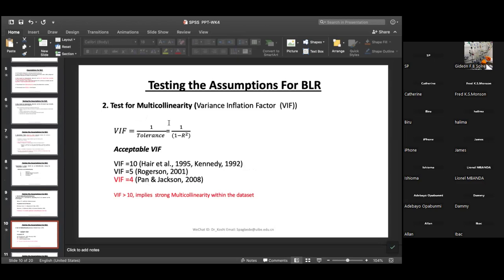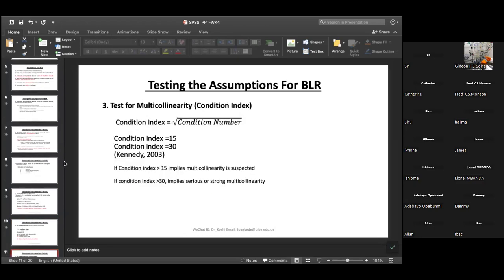And we said any VIF that is greater than 10 is a strong indication of the existence of multicollinearity within the data set. Then we looked at condition index, and we said condition index is simply the square root of condition number. All these things are computed by the SPSS software, and we demonstrated this last week, so I'm just reviewing it.